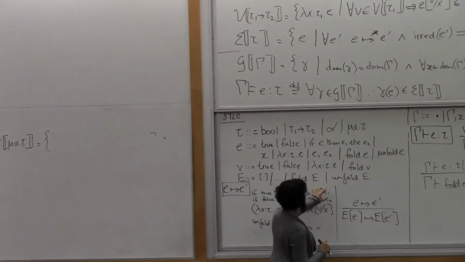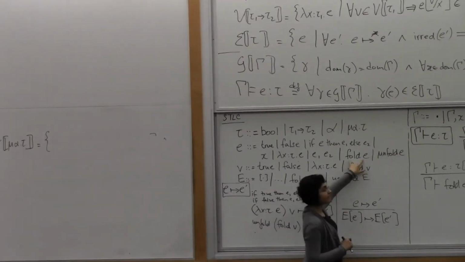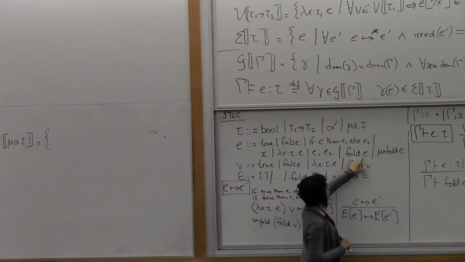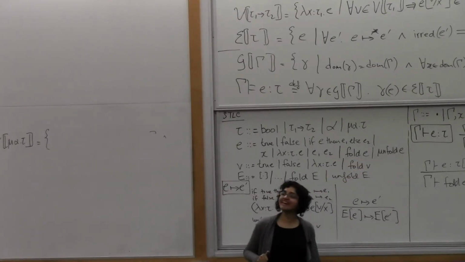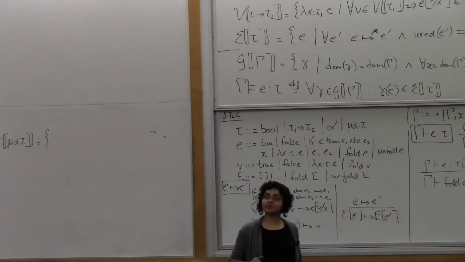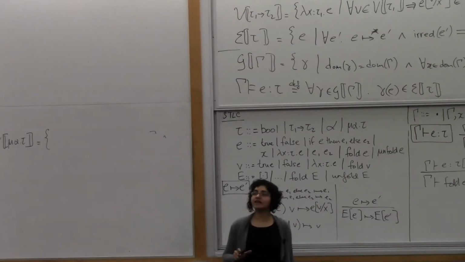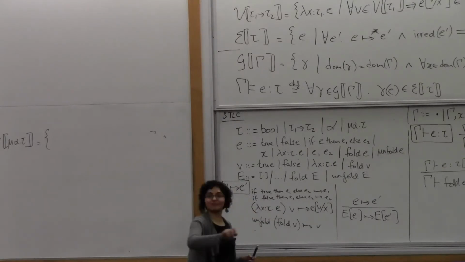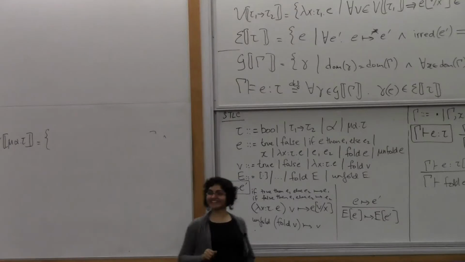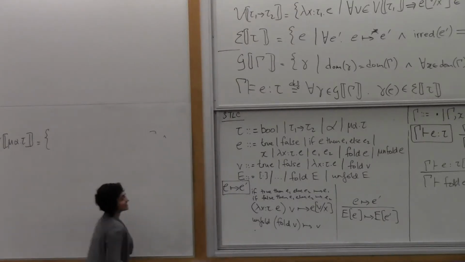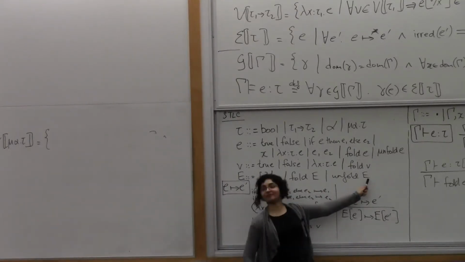If you have a fold V, then it's a value. But if it's a fold, unfold, fold, oh, I see, then we can... You just keep evaluating under the fold until you get to a value. Right.